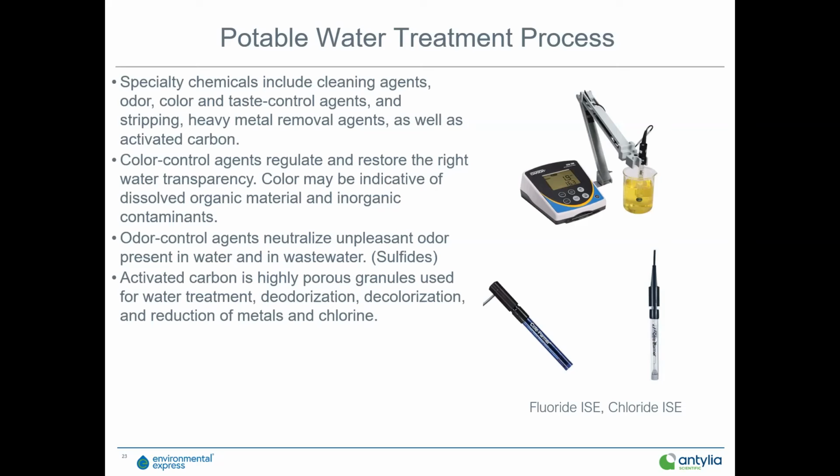It'll remove sulfides, that's the egg smell. Hydrogen sulfide is the rotten egg smell you might have smelled in water samples. Activated carbon is used throughout the country in these filter beds, and is really good at knocking down not only odor and color, but also the reduction of metals and free chlorine.